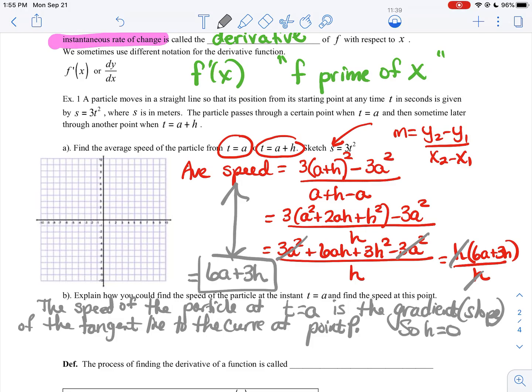So if you let h be 0, that's 6a plus 3 times 0, so it's 6a.